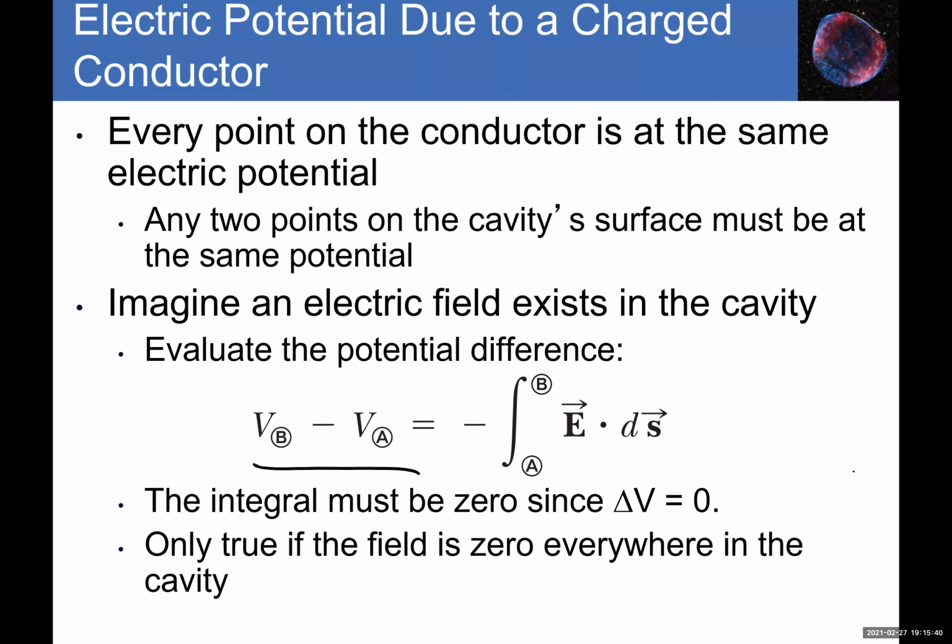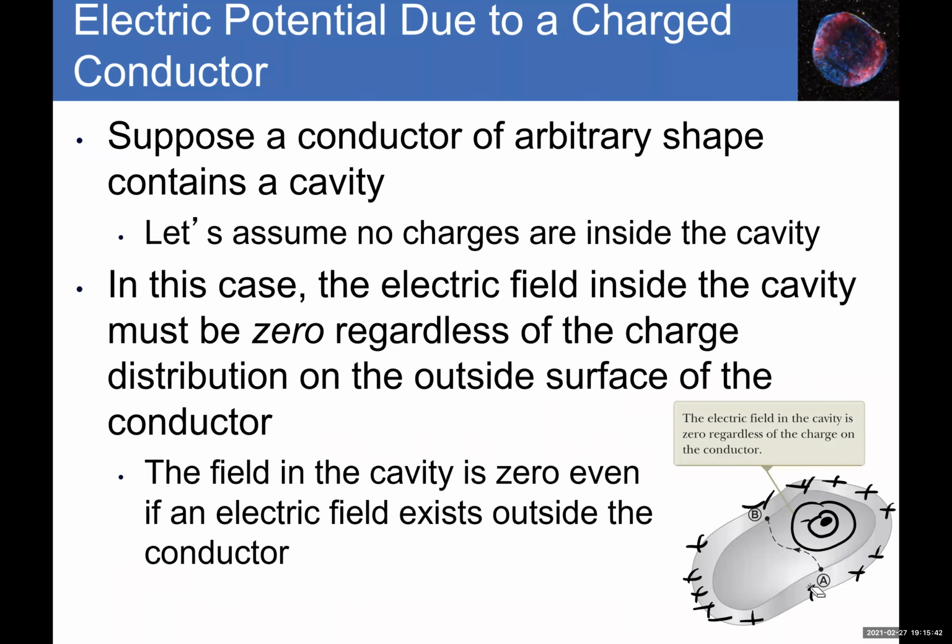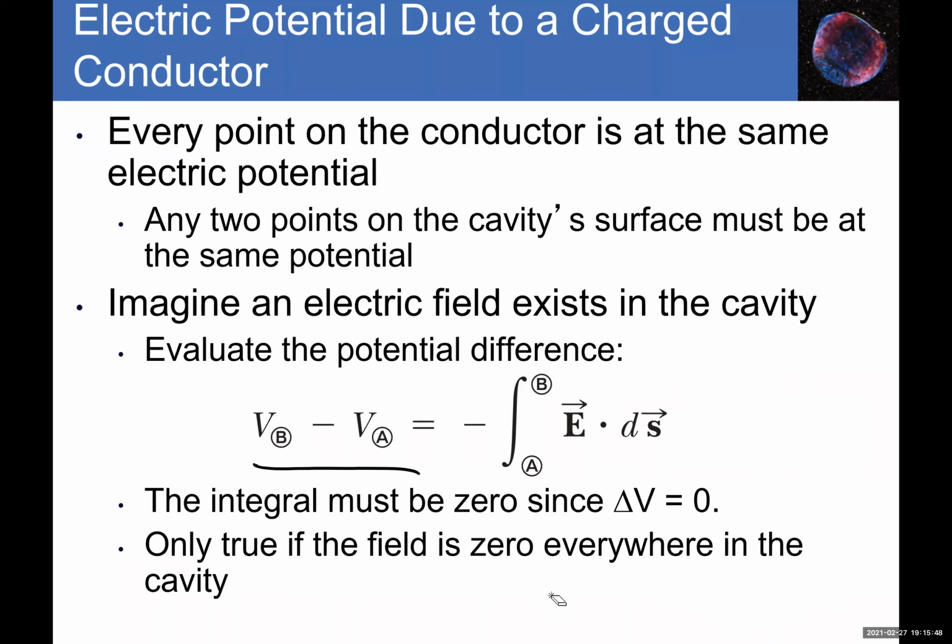If those are the two points of interest, A and B, then the integral must be zero, since delta V equals zero, because the potential difference is exactly the same for point A and point B on the same surface. That means we can conclude that there is no electric field inside. This is only true if the field is zero everywhere in the cavity.